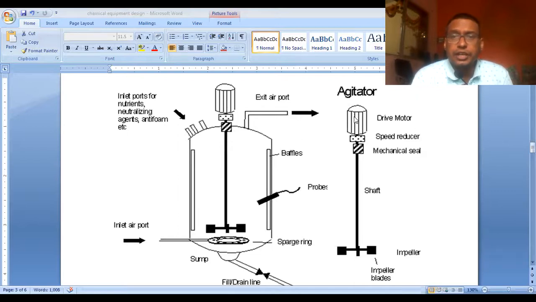This agitator assembly incorporates the motor, the gearbox, the shaft, and the impeller. All this assembly makes the complete agitator.